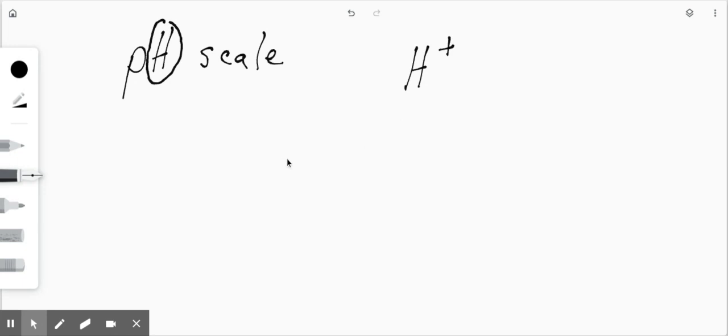A better way to say that is it measures the concentration. I'm going to put that in brackets. If you see something inside of brackets in chemistry, it means that you're measuring the concentration of that.